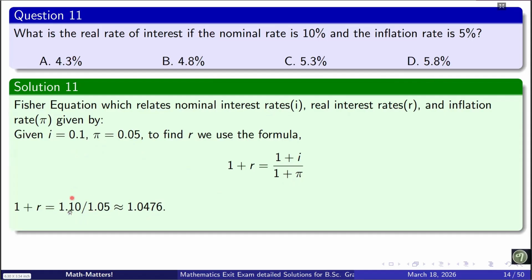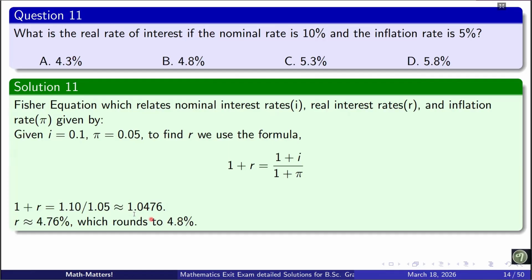The quotient 1.1 over 1.05 can be approximated as 1.0476.